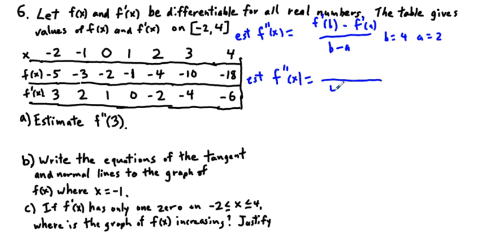So we're going to have 4 minus 2 in the denominator, and we need f prime, right? So we're going to have negative 6, that's b, minus negative 2.